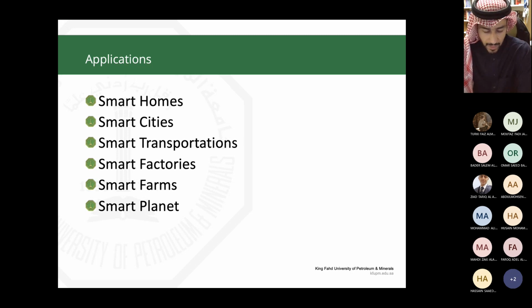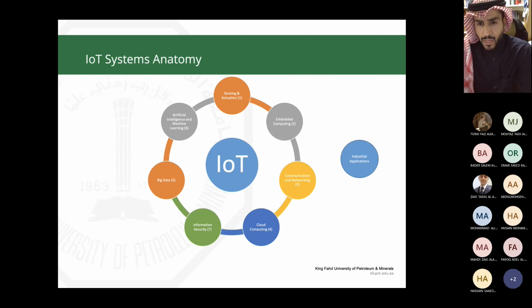All these are examples of IoT applications. So as I said, to have an IoT system, you need many things. And what you see here is a collection of many components that build together an IoT system. So we build our program around these components.